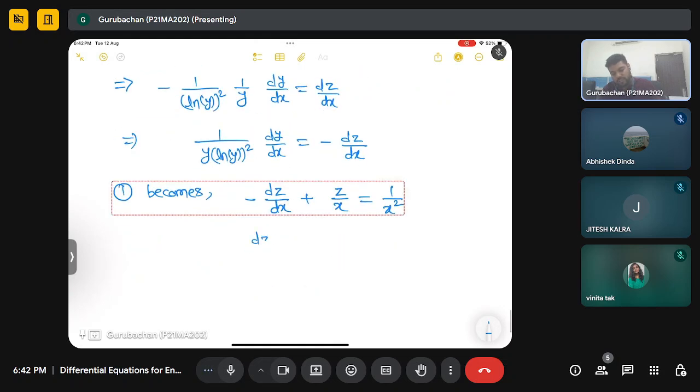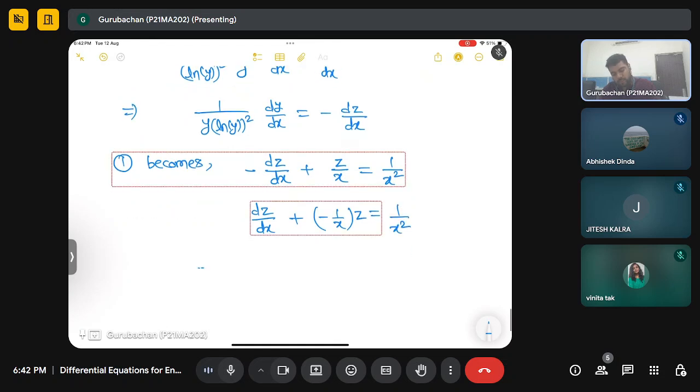So dz by dx minus 1 by x z equals minus 1 by x square. This is the standard form, and the integrating factor will be e to the power of the integral of P(x) dx, where P(x) is minus 1 by x. So this will give you minus ln of x.